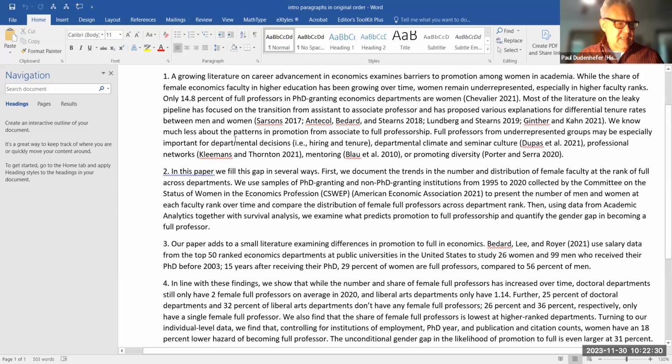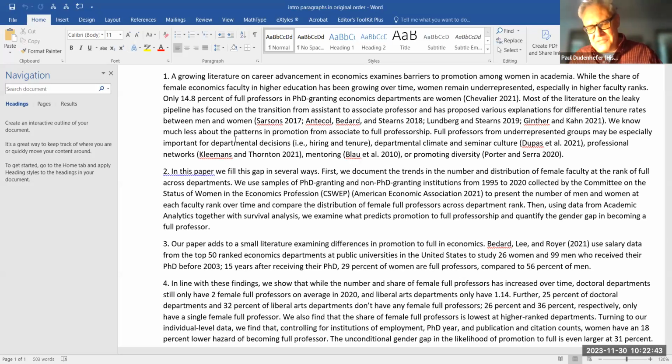So if I ask economists to describe economics writing, what they usually tell me is objective, no metaphors, no rhetoric, no flowery language. That's what they tell me. Well, that's not entirely true. Economists typically use subjective words, value-laden words in building a case for what it is they're doing, okay?